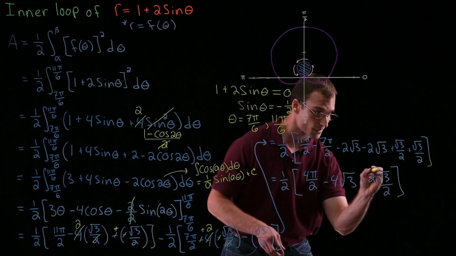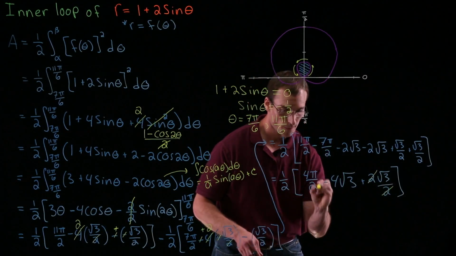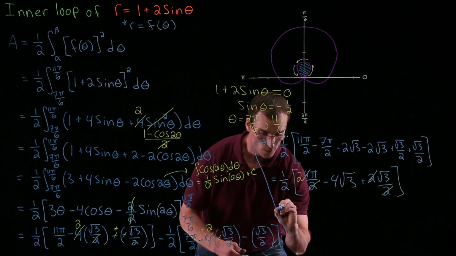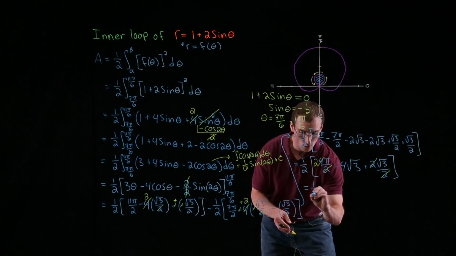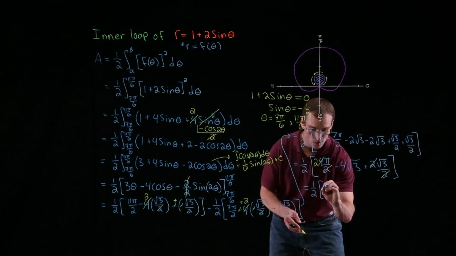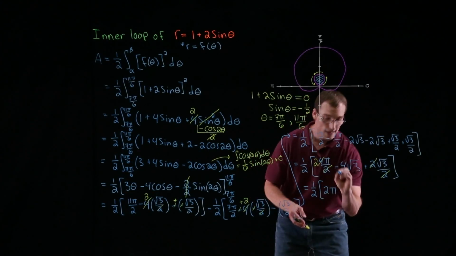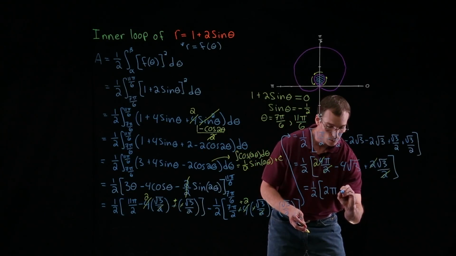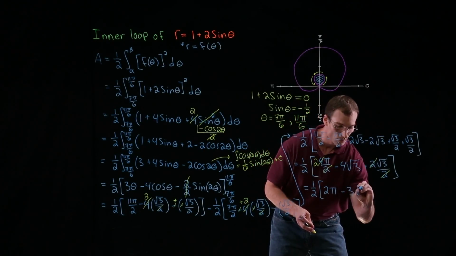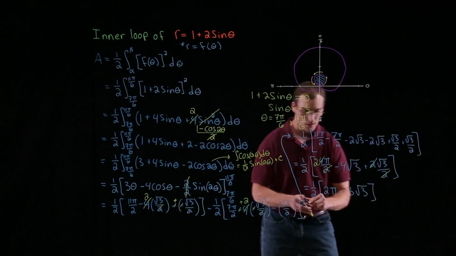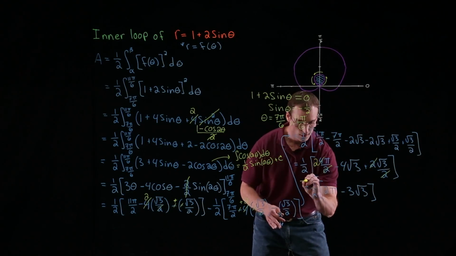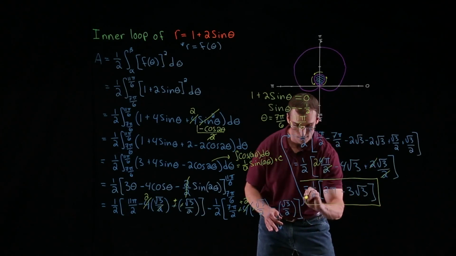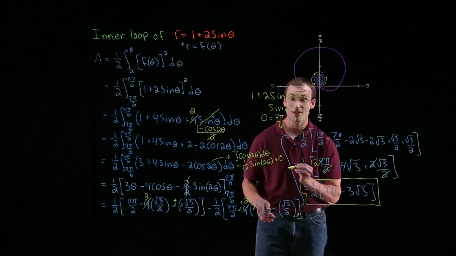And cleaning up just one more step, our 2's will cancel. 2 will cancel with this 4, giving us a 2. And so in the end, this will be equal to 1/2 times 2 pi, and then minus 4 root 3 plus root 3 will give us minus 3 root 3. So there we have the area of the inner loop of our curve. Thank you very much.